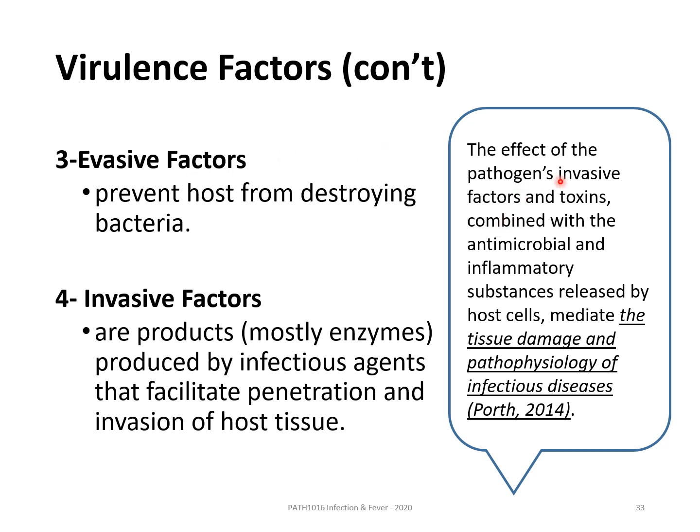And as you see here, the effect of pathogen invasive factors and toxins combined with antimicrobial and inflammatory substances released by the host cells mediate tissue damage and the pathophysiology of a lot of diseases.